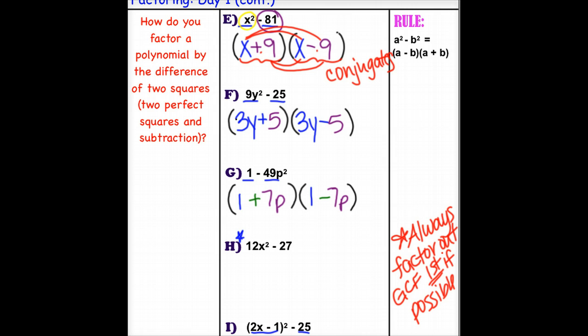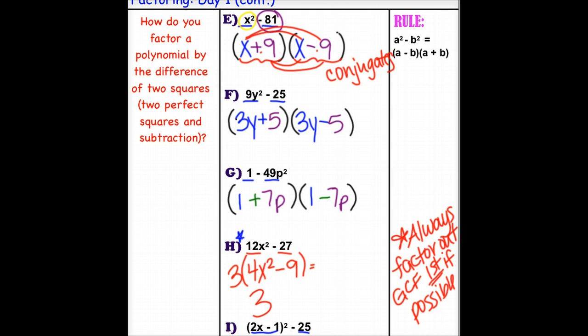So if we look at this one, I see that 12 and 27, they have a common factor of 3. So if I factor out a 3, 12 divided by 3 is 4, so now I have 4x squared. 27 divided by 3 is 9, so now I have 4x squared minus 9. So now, when I go to do this, I still have the 3 out front.